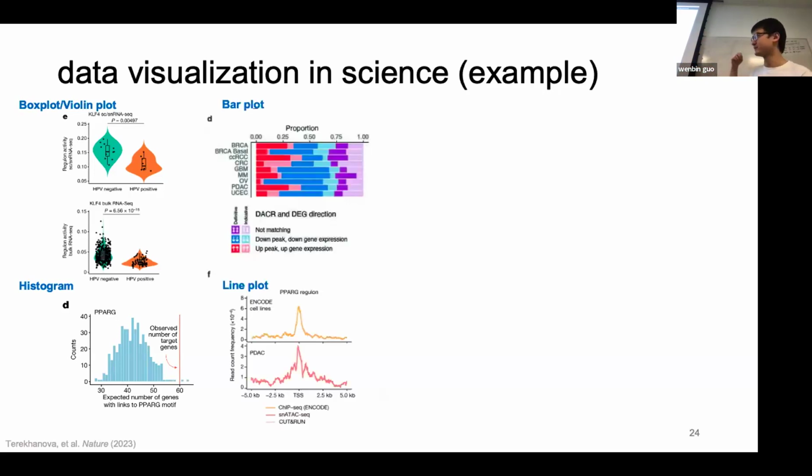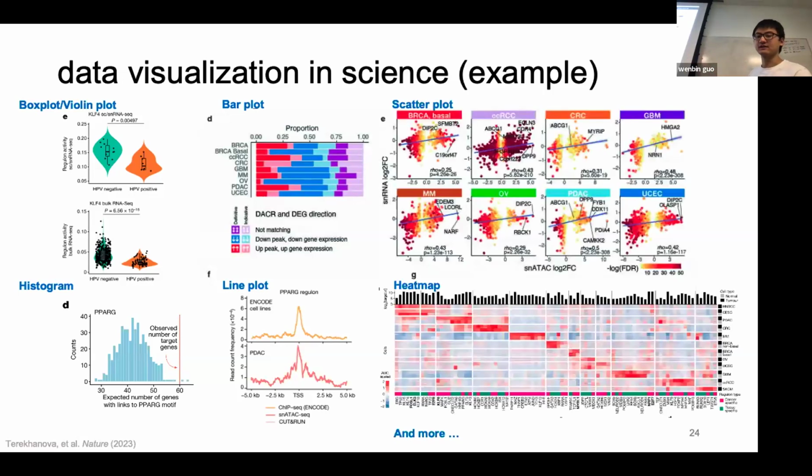You can visualize the composition using the bar plot, and show some kind of tendency using the line plot. You can use the scatter plot to show the relationship between one variable and another variable, and use the heat map to show the whole landscape, the whole profile of your data. Those are all accomplishable in ggplot2.